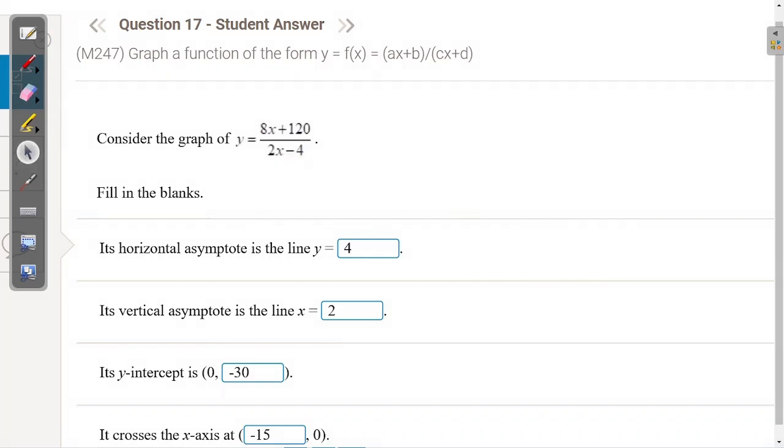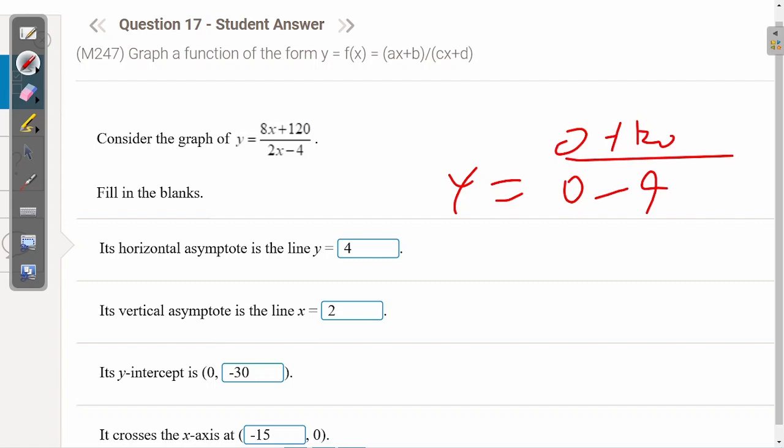Y-intercept is when x is 0, so y equals 8 times 0 is 0, plus 120 over 2 times 0 is 0, minus 4. 120 over negative 4 equals negative 30.